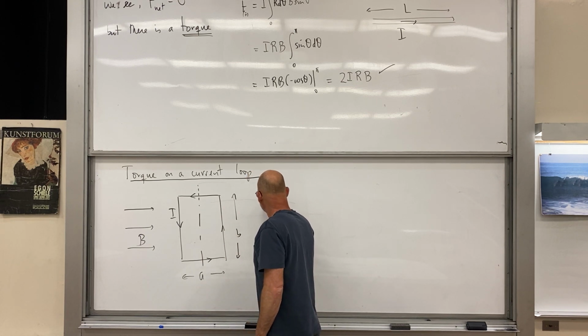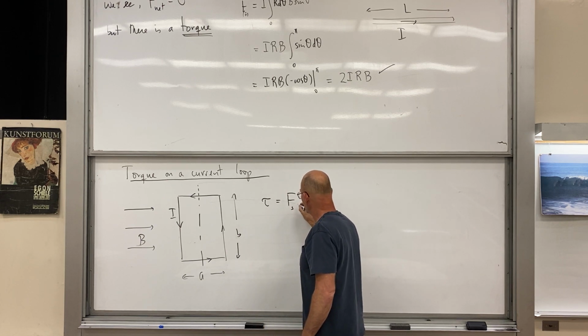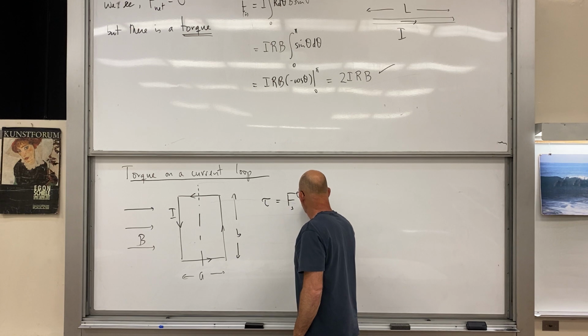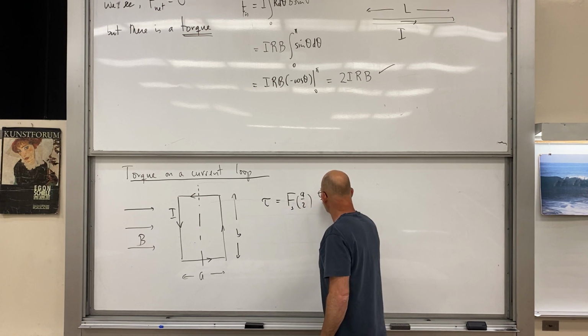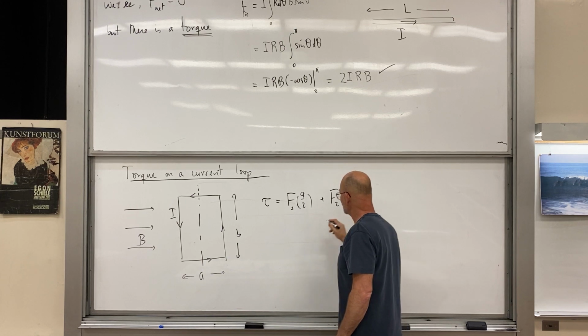and tau is going to be F1 times a over 2, which is the lever arm. We have F2 times a over 2.